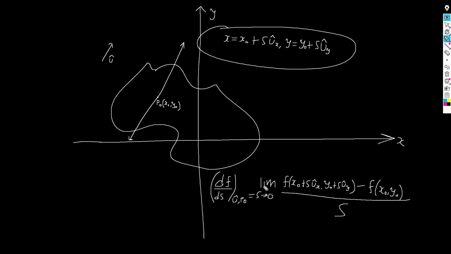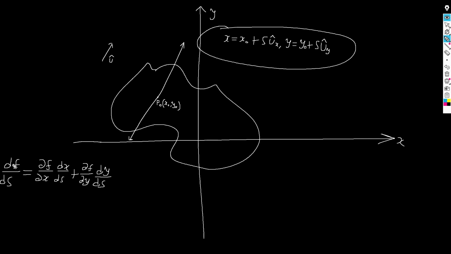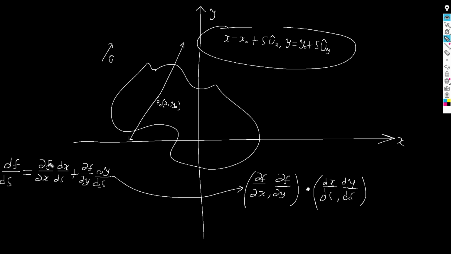The main thing to get at here is that this is the definition of the directional derivative, and I suggest that you focus on the left side, because if you expand df/ds using the chain rule, you get this right side, which is the chain rule. And what you'll notice is that the right side can be expressed as a dot product.